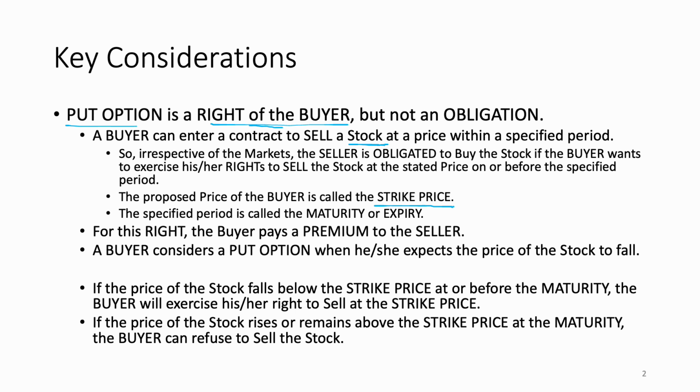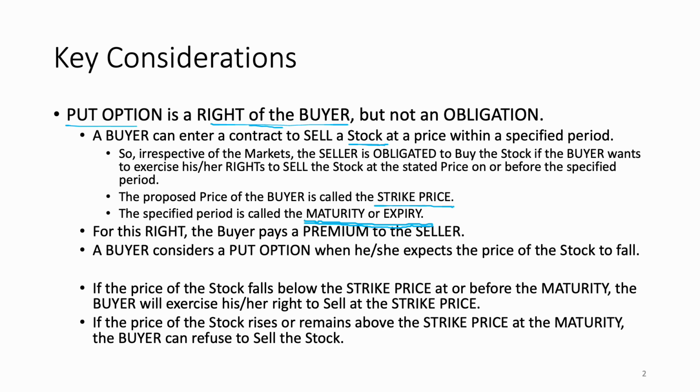So here the buyer of the put option has the right but not the obligation. However, this contract will have a period of time for which it will be valid, and that period is known as the maturity period or the expiry period.